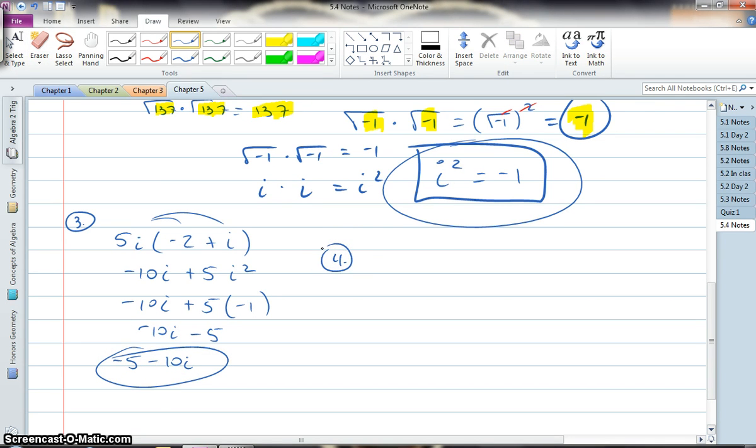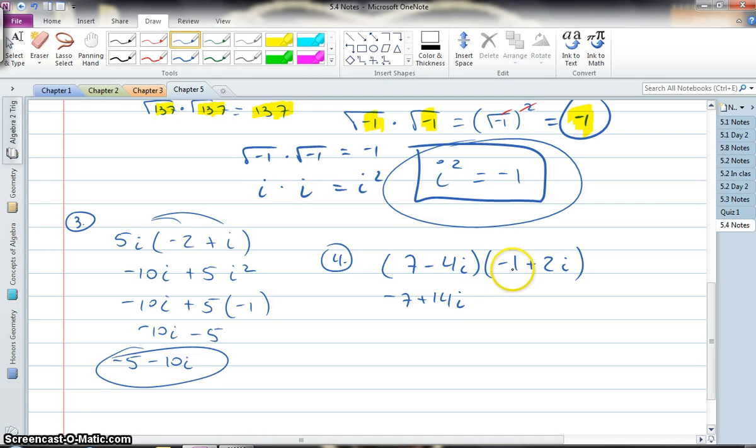All right, number 4. Let's go 7 minus 4i times negative 1 plus 2i. So this is set up to be a binomial times a binomial, which most of you call FOIL when you multiply this out. So 7 times negative 1 is negative 7. 7 times 2i is plus 14i.